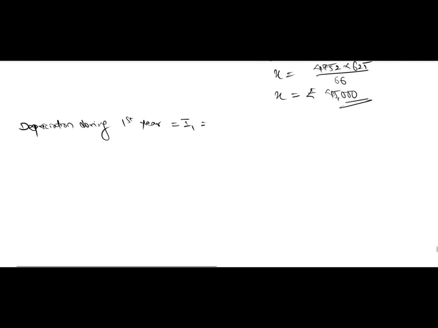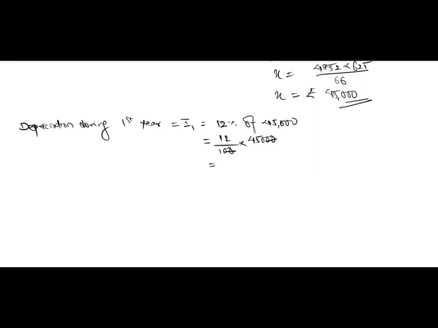So I1 is 12% of the original cost of the machine, 45,000, right? So 12% of 45,000, let me find this: 12 upon 100 into 45,000, 0 0 cut, and we get 4,500 plus 900, that is 5,400.